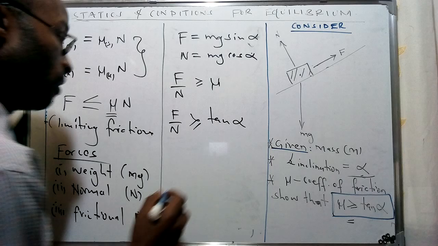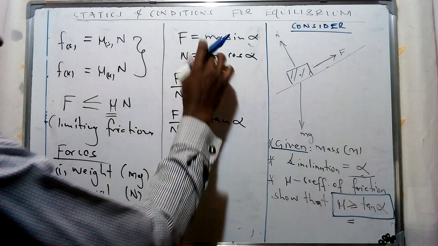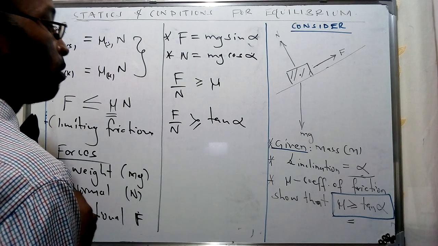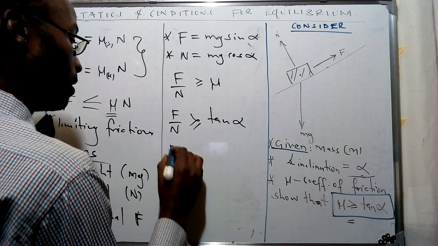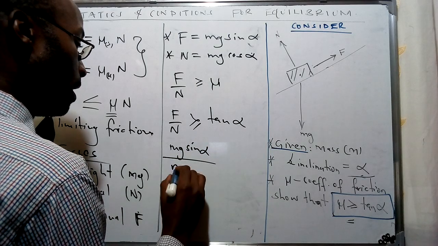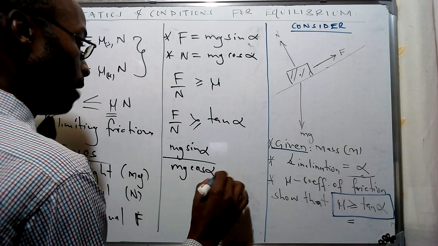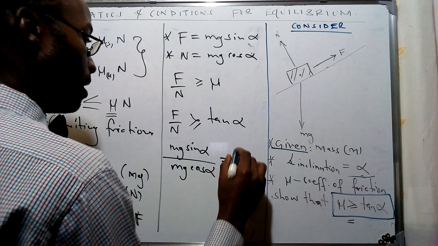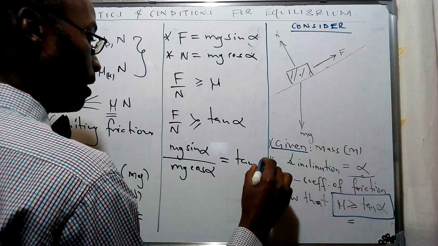So from the two definitions which we have made for the force and the normal, we're going to have this ratio given as mg sine alpha divided by mg cosine alpha, which is basically going to give us tan alpha.